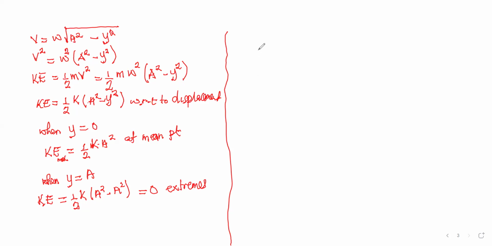But for potential energy, we have two different kinds: elastic potential energy and gravitational potential energy.